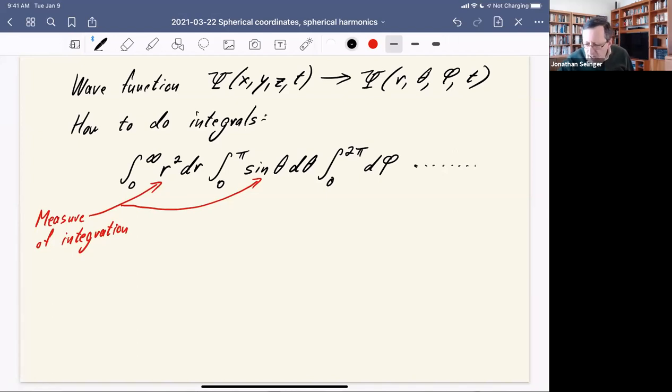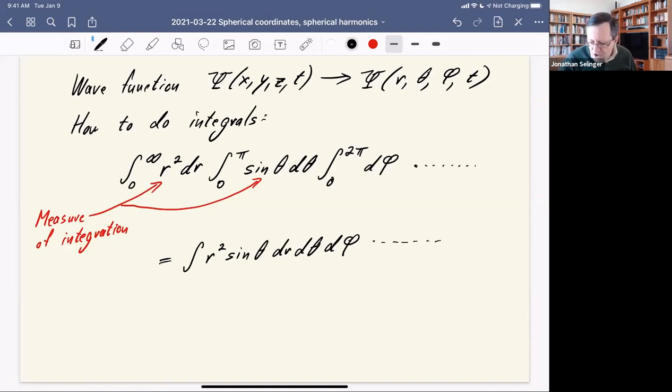Now, because this is a lot of writing for how to do the integral, people often write it in a slightly shorter way as just the integral of r squared sine theta dr d theta d phi of whatever goes there.